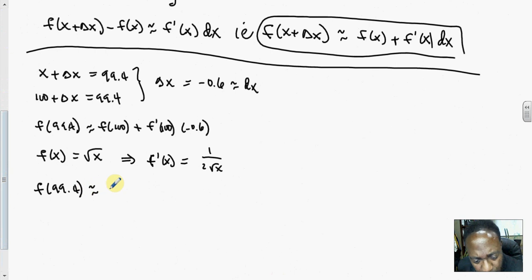So f of 99.4 is approximated by, let's go ahead and just put it in there now, f of 100, that's the square root of 100, plus 1 over f prime of 100, 2 times the square root of 100, and then times negative 0.6.